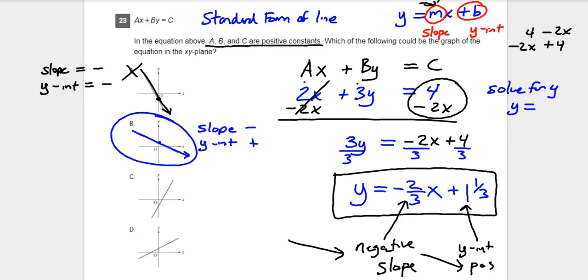So this is the right answer. Just to finish this out, this one would have a slope that was positive, increasing from left to right, but crosses the y-axis in negative territory. And this one would be both positive. Slope is positive, y-intercept is positive. So correct answer, definitely B.